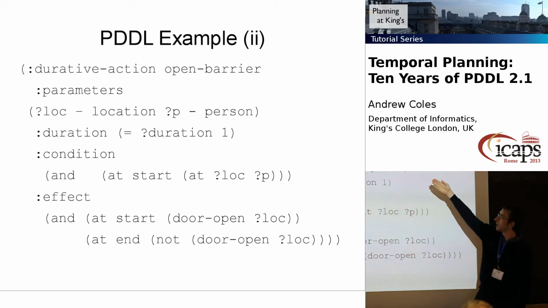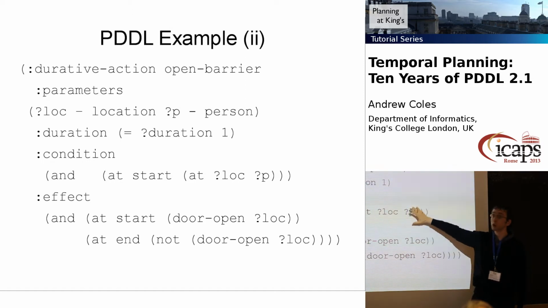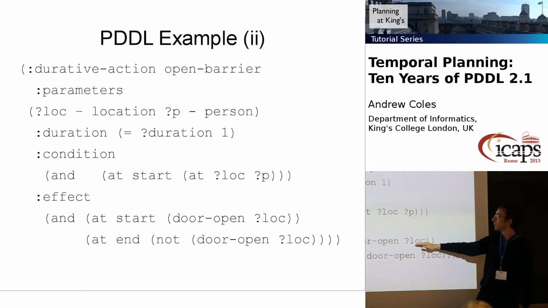So in this instance, the person can open the barrier, they just need to be there to start to press the button, then they can walk away. So there's actually no conditions during the execution of that. At the start of the action, we have the condition, we now get the fact that the door is open, and at the end, that fact is deleted again. So you can see we can actually have effects which look like they're conflicting, but it's really okay because that happens at the start and that happens at the end.